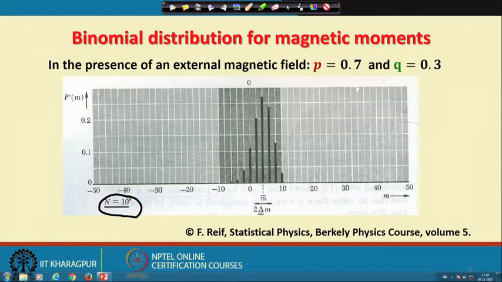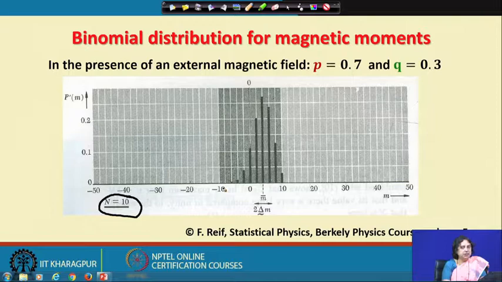So, as you see that when capital N is equal to 10, the accessible values of M is minus 10 to plus 10, but here the distribution once again has a maximum, but that maximum does not exactly appear midway between the accessible values of small m.